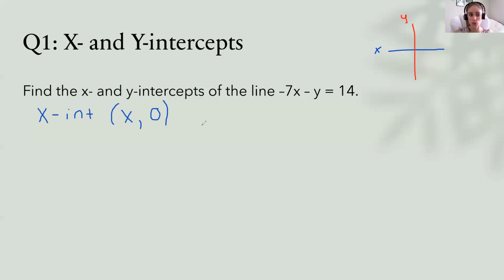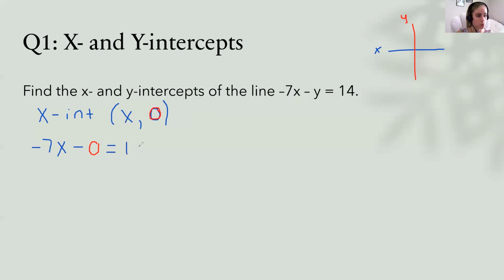We can substitute 0 into our equation for y, and that will allow us to find the matching x. We take our equation here, negative 7x, but instead of minus y, we are going to substitute a 0 in for y, so we can find when y is 0, what does x equal?